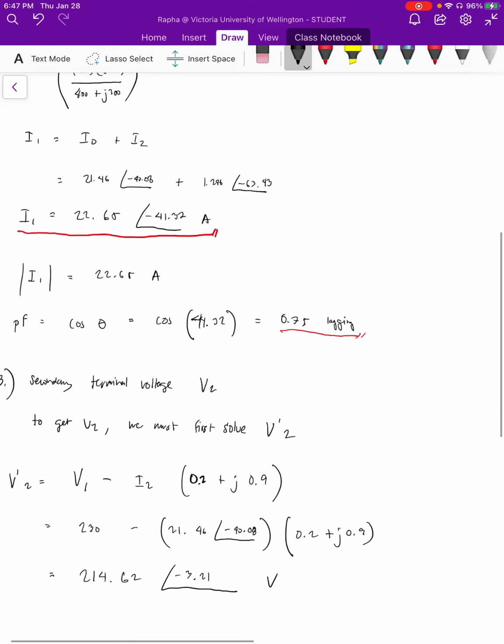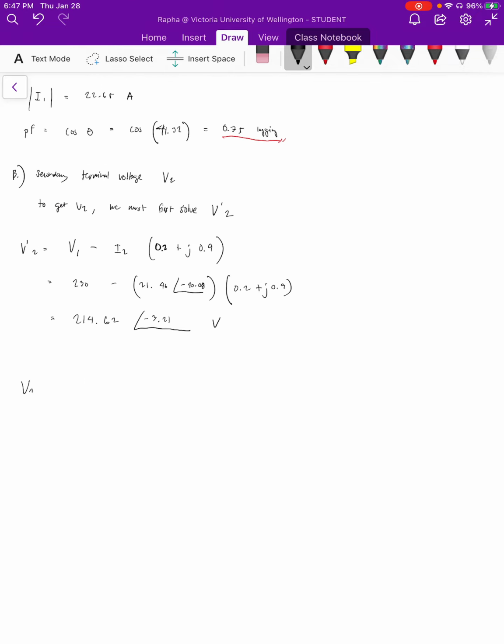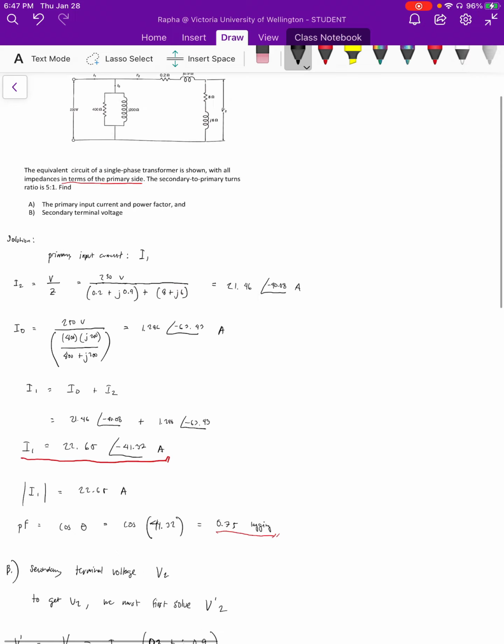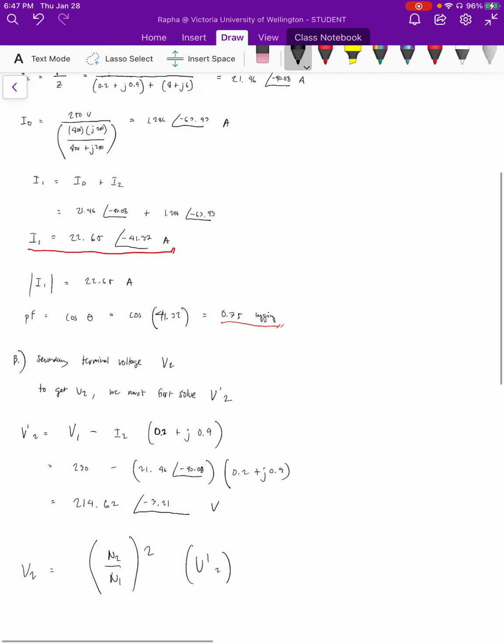So we have V apostrophe 2. Then now let's solve for V2, the secondary terminal voltage. V2 is given by the equation N2 over N1 squared times V apostrophe 2. N2 is the secondary winding, and N1 is the primary winding. Given in the problem, the secondary to primary turns ratio is 5:1.